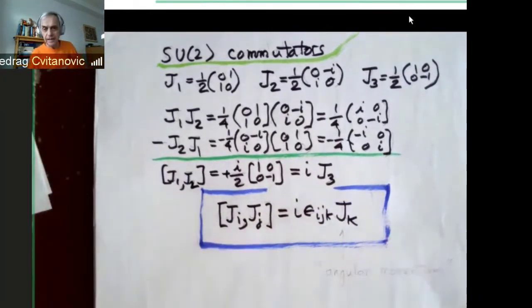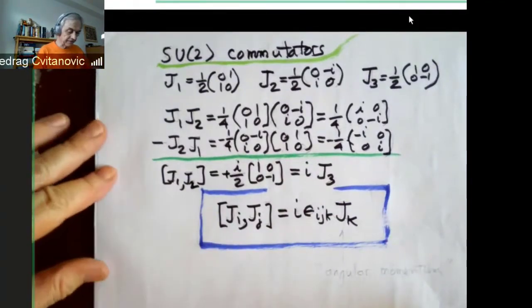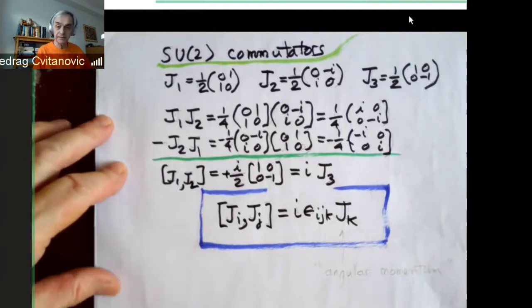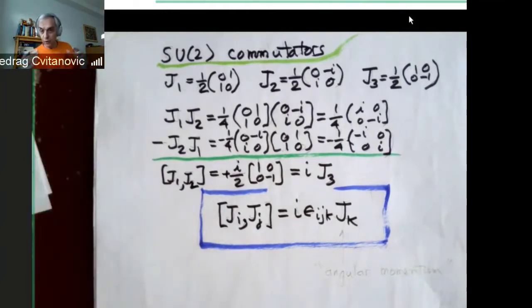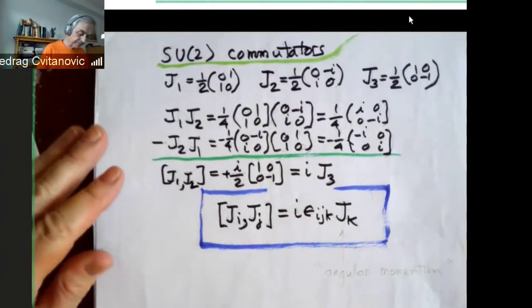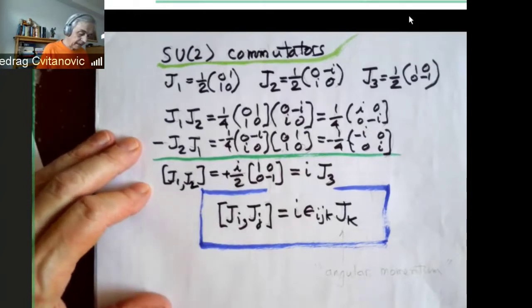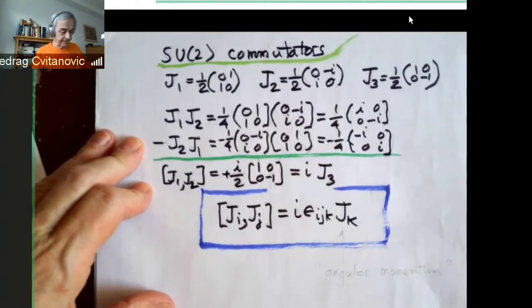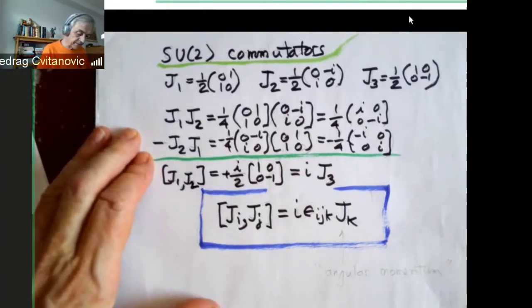This was actually invented, I think, in 1843 or so by Hamilton. It was called quaternions by him. And it's a perfectly classical thing, nothing to do with quantum mechanics.